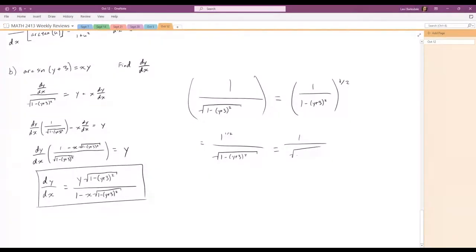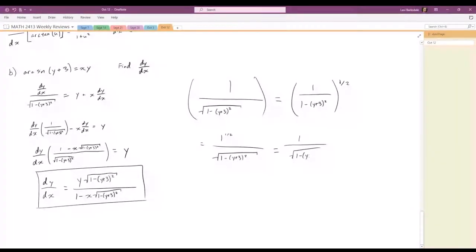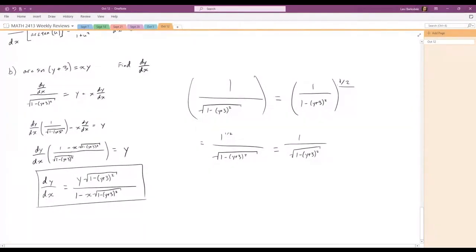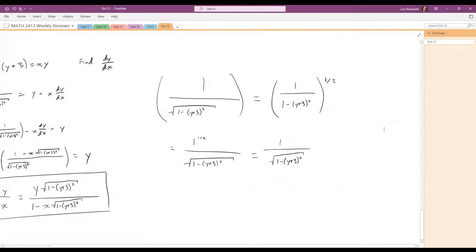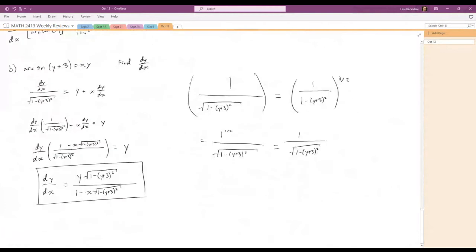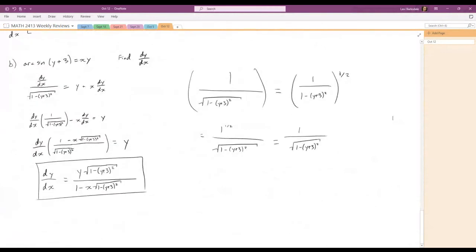Okay. So when it's outside the parentheses like here, it does get applied to both the numerator and the denominator. It's just that in this case, the square root of 1 is just 1. So it's more of a notation thing, because it would be correct even if you only put the denominator to the half.